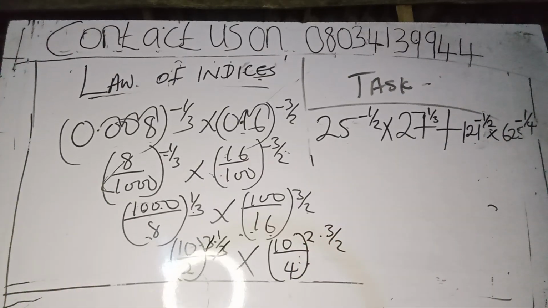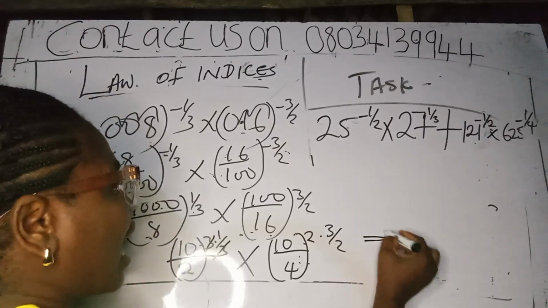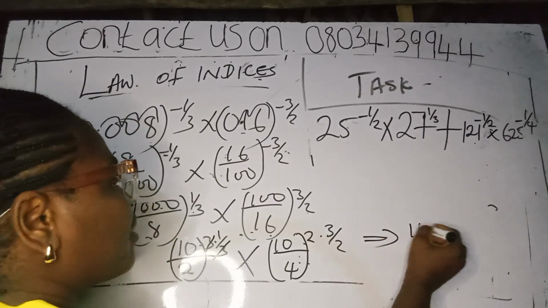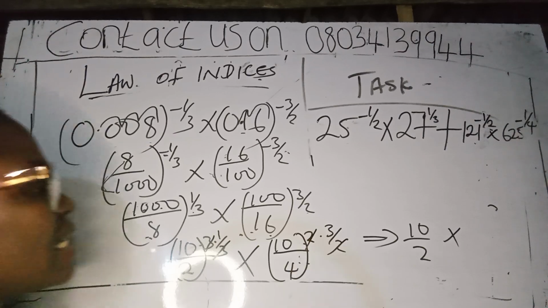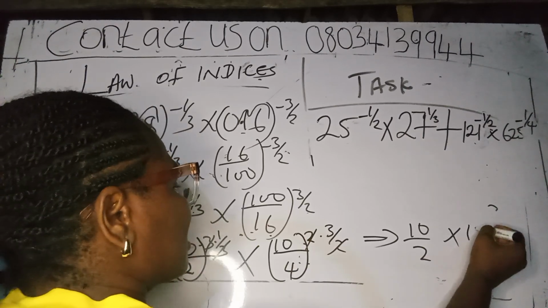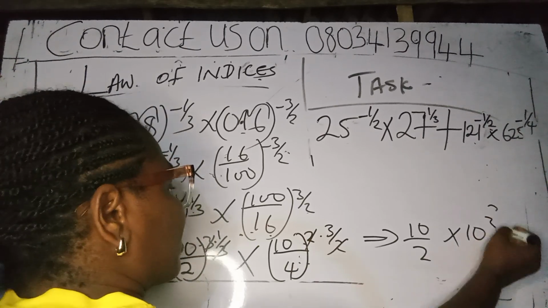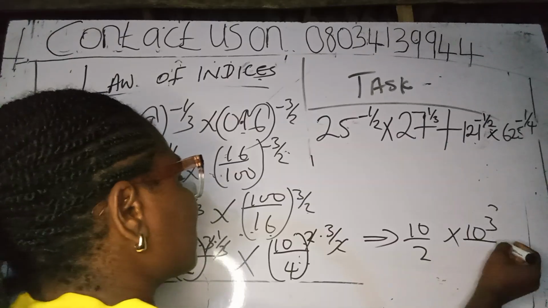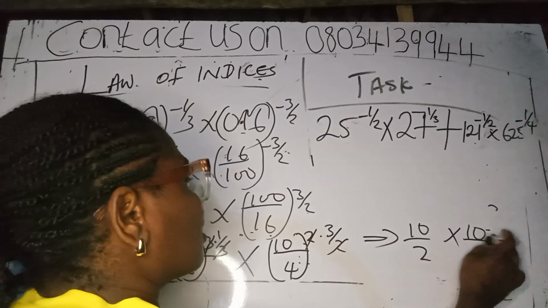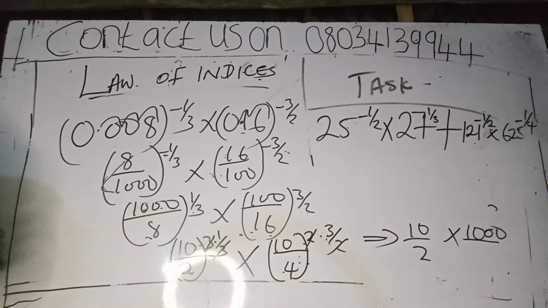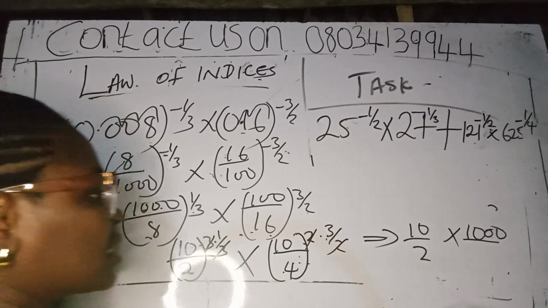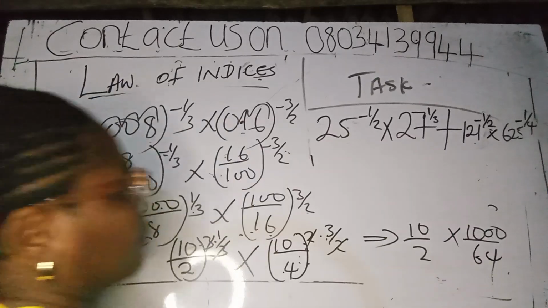This 3 eliminates itself, so I arrive at 10 over 2. Then times, this 2 eliminates itself, I arrive at 10 raised to power of 3 divided by 4 raised to power of 3, which is 1000 over, 4 times 4, 16, 16 times 4, 64.